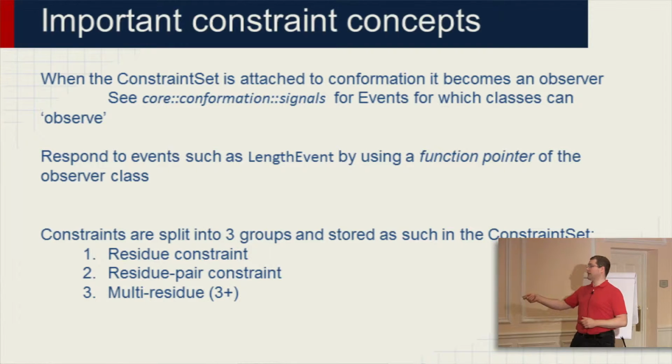A constraint that acts on a single residue would be equivalent to a one-body energy, whereas a residue pair is a two-body energy, or a multi-body or a whole pose type energy. And you can separate out that dependency, so when you do things like packing, you know how to correctly incorporate the energy from the constraints into the total energy calculations.